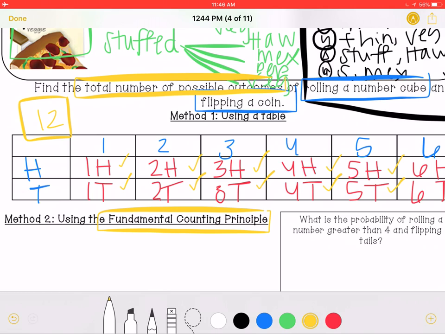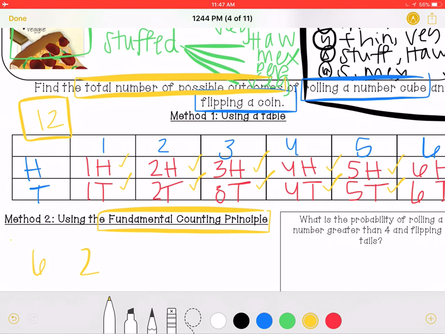What that means is you're going to think, rolling a number cube, how many possible outcomes are there for rolling a number cube? Well, we could roll a 1, 2, 3, 4, 5, or a 6, so there's 6 ways. How many outcomes are there for flipping a coin? You can only flip heads or tails, so there's only 2.